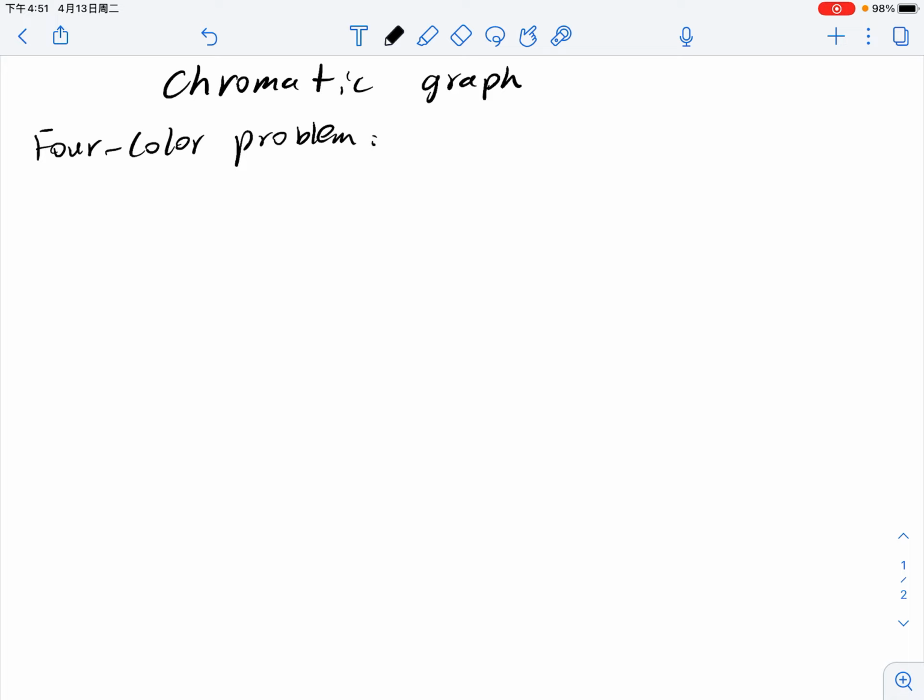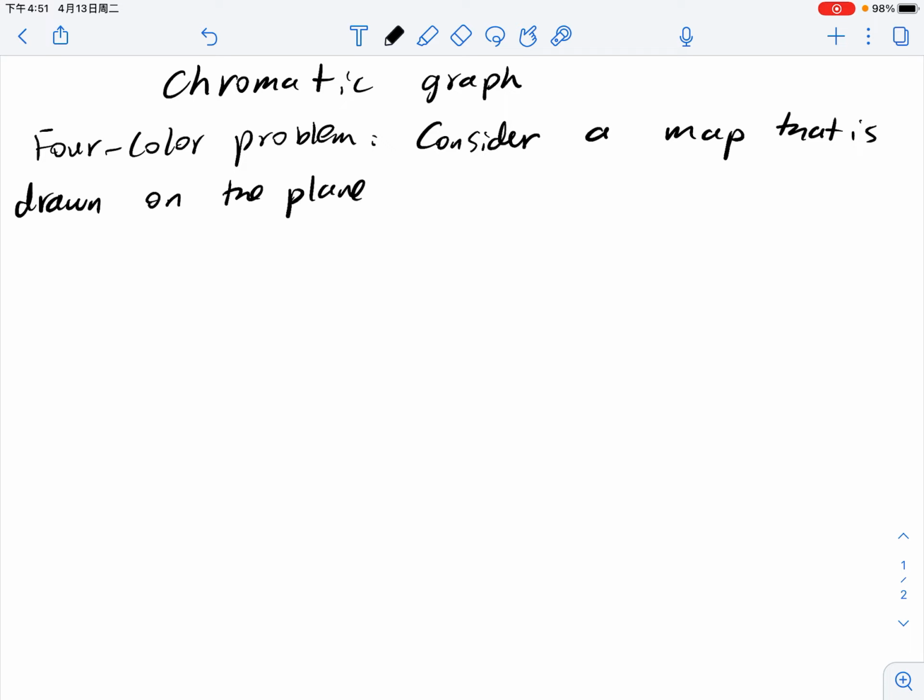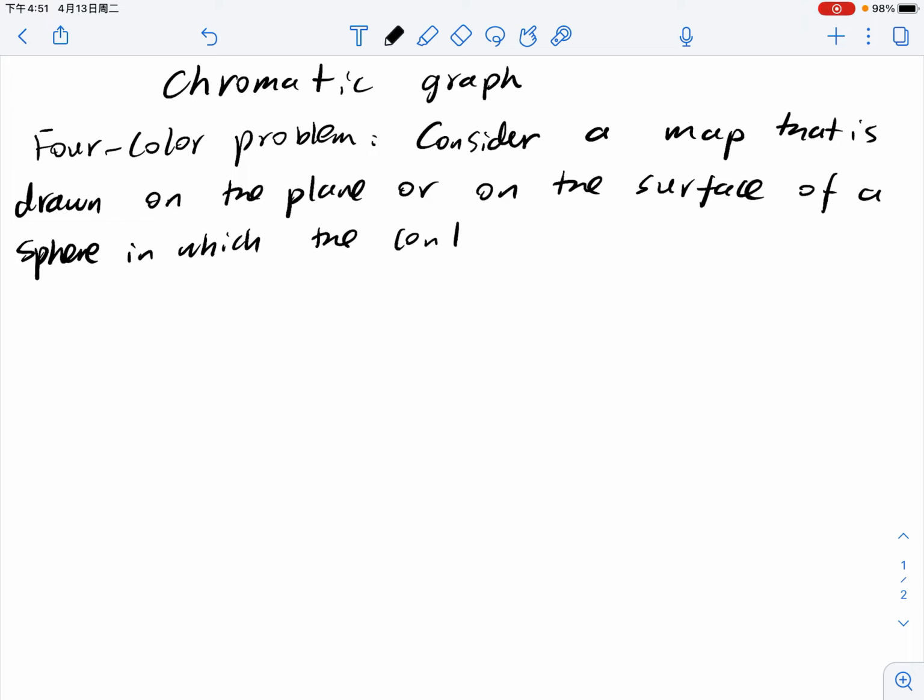So the four-color problem can be stated as follows. Consider a map that is drawn on the plane or on the surface of a sphere in which the countries are connected regions.